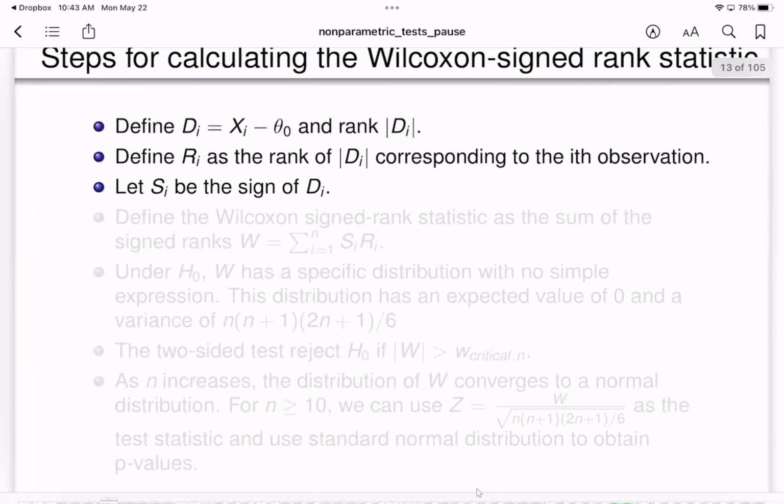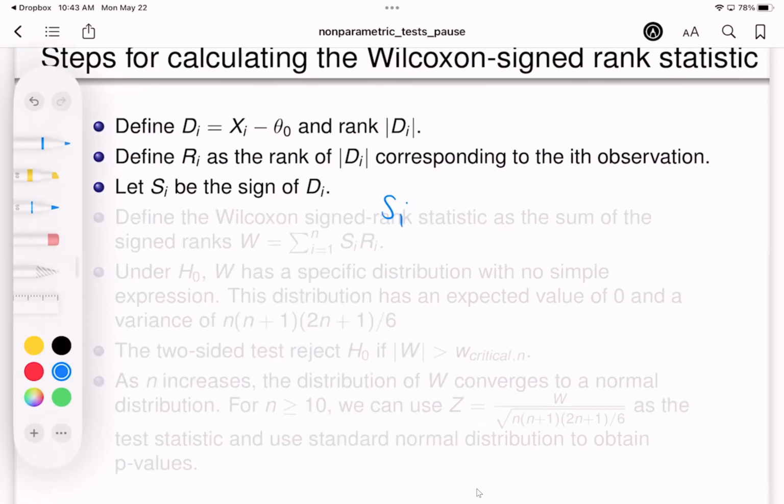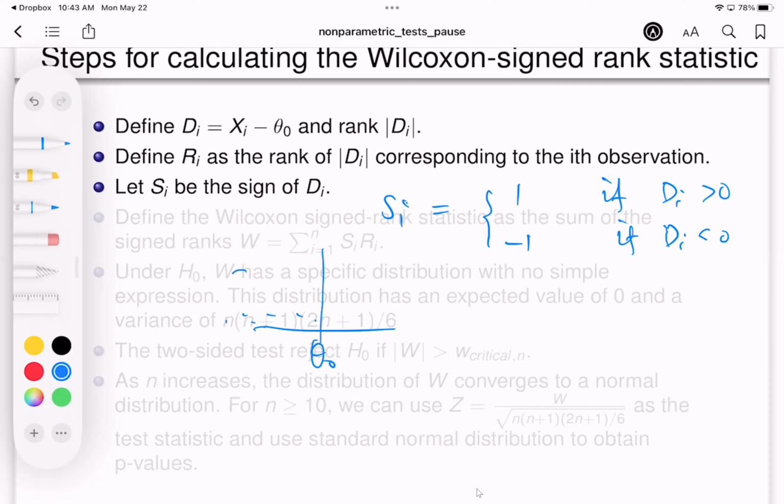So si takes the value positive 1 or negative 1 depending on whether di is positive or negative. Imagine all the points below theta 0, all of their si's are equal to negative 1. And all of those above theta 0 on the right-hand side, si becomes positive 1.